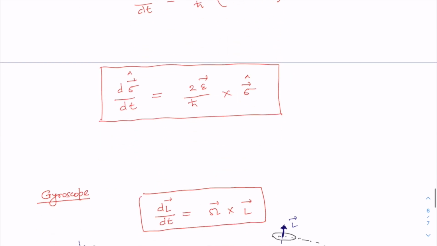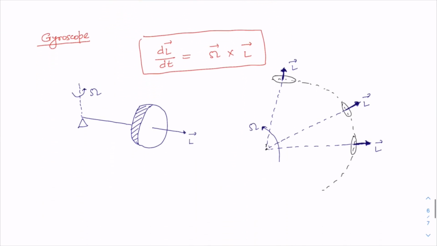In the case of a gyroscope, you may have encountered this equation dL dt is equal to omega cross L, where L is the angular momentum directed along the axle and omega is the angular velocity of the axle about the vertical. Actually L precesses around omega with angular frequency modulus of omega.